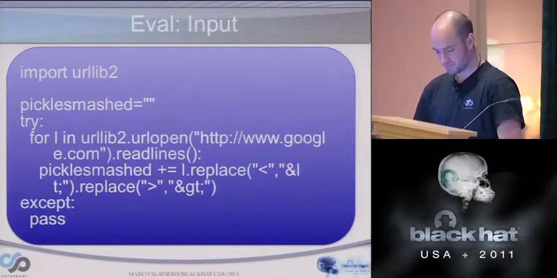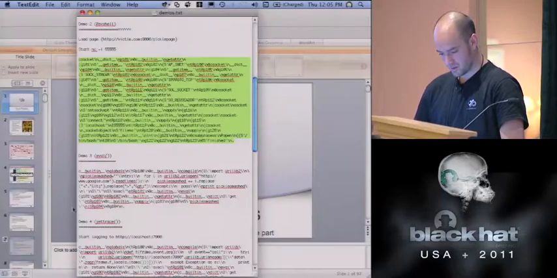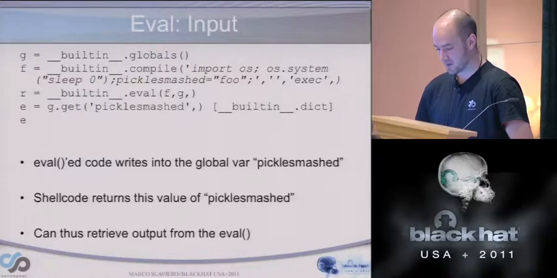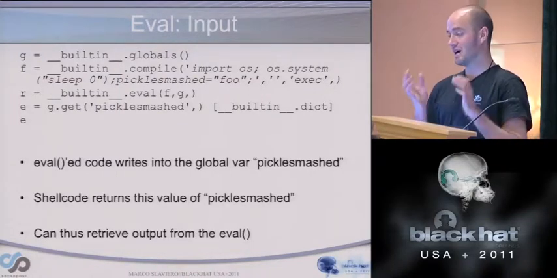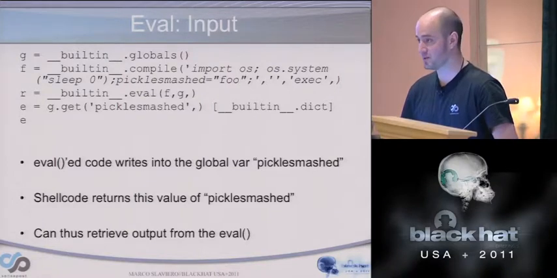So the next example on eval is, just to be clear, so I'm not leaving anyone behind here, we're going to paste in some shellcode that has, as part of it, a Python eval call, and as part of that Python eval call is an embedded Python program.